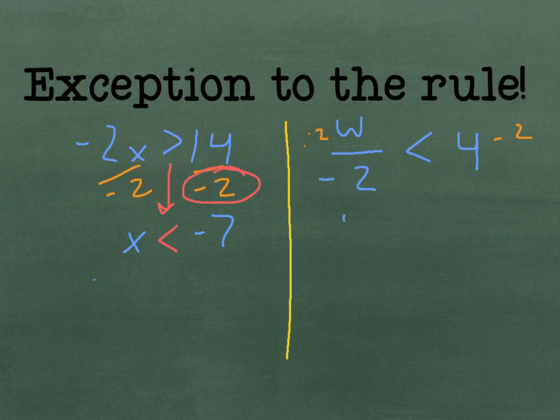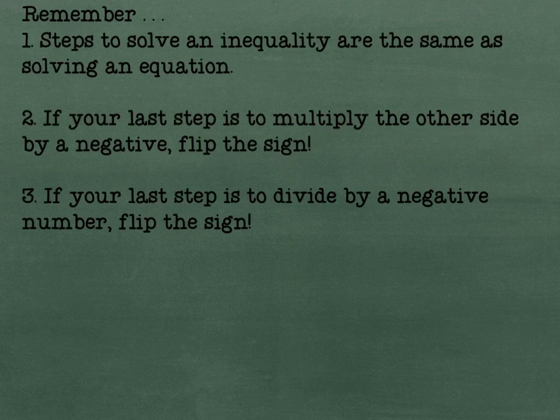And so doing that would give me w and negative 8. But again, because I multiplied by a negative, that's going to take that sign and make it flip directions. Now you're going to practice for a little bit.